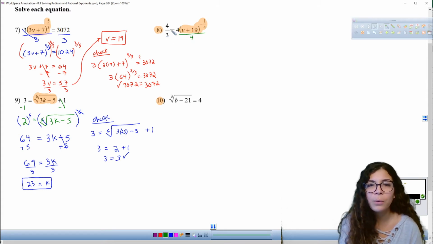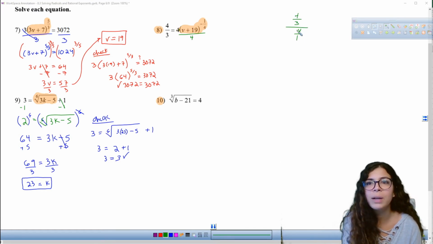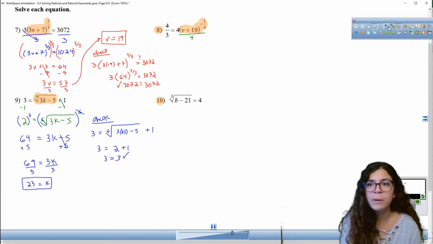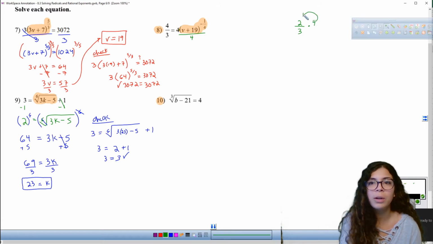Now, dividing 4/3 by 4 gets a little weird because you don't want to write 4/3 divided by 4. I mean, you could write it like this and then change the division to multiplication and flip, but I find it a lot easier to think this way. If you multiply a fraction, like 2/3, by 4, you'd multiply that to the numerator. Well, what happens if you're dividing?